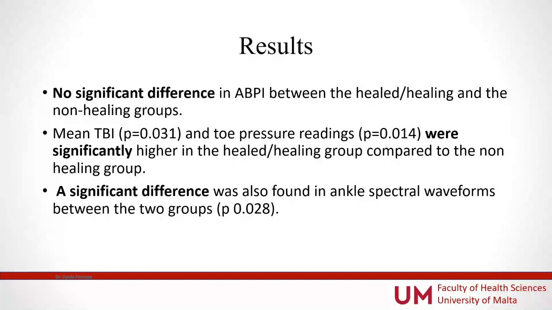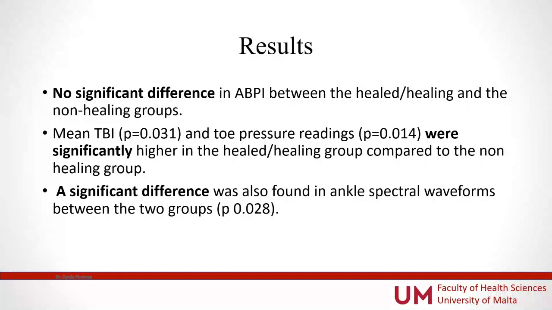So this study concluded that toe pressures and spectral waveform analysis are better predictors of the likelihood of healing and non-healing after minor amputations in the diabetic foot. And again, we recommend that peripheral arterial perfusion should be assessed using different physiological tests in order to help us come up with the decision of the process.